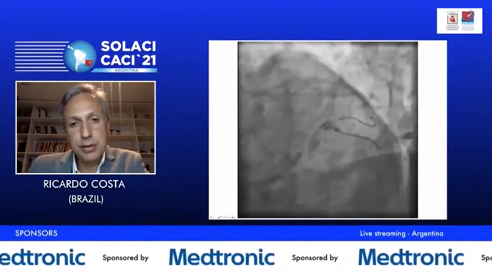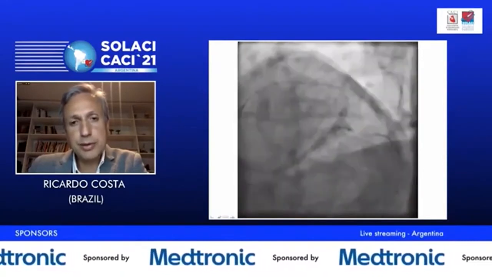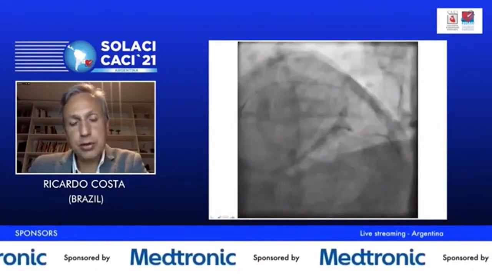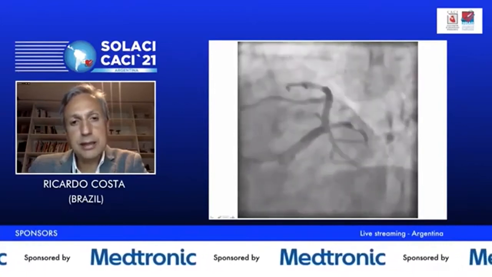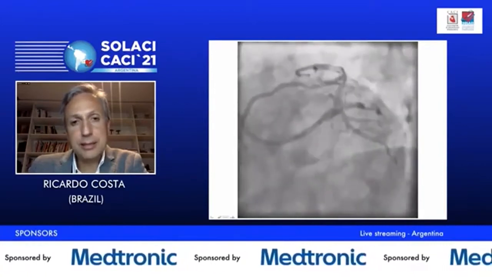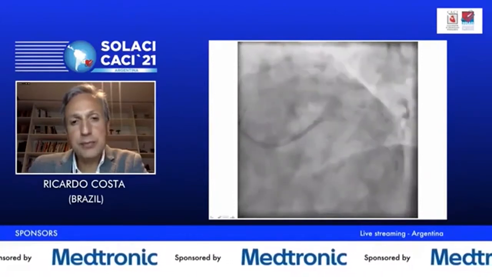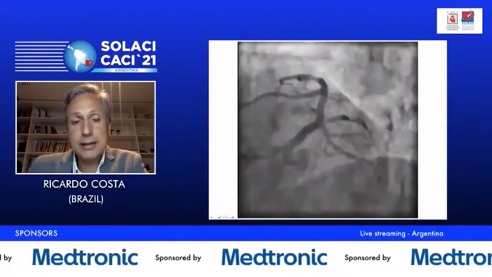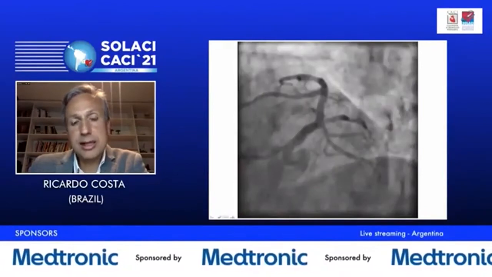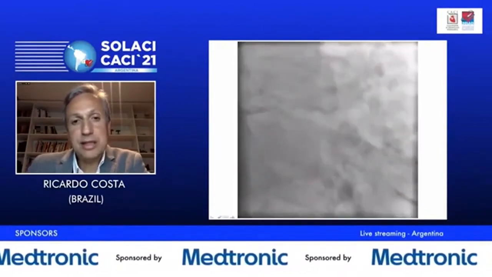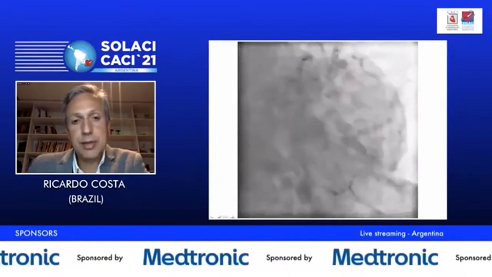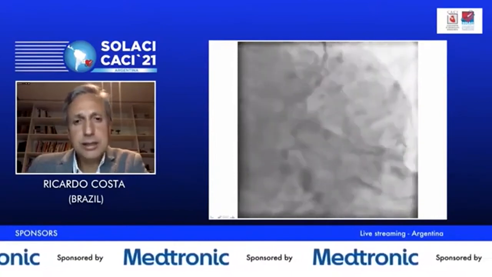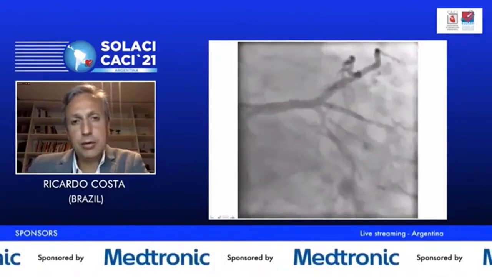And then we recrossed, and we did the first kissing balloon, and a second kissing in the LAD. And this is the final result, favorable with a provisional strategy, single stent in a very complex anatomy, but we don't have all the criteria set by definition, such as the lesion extension and so on.